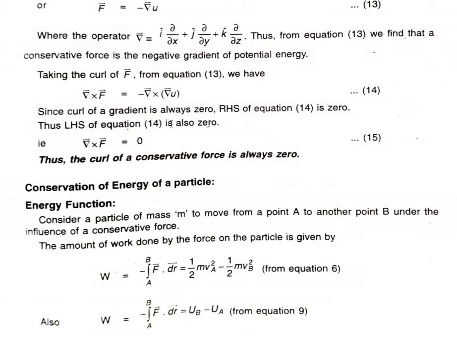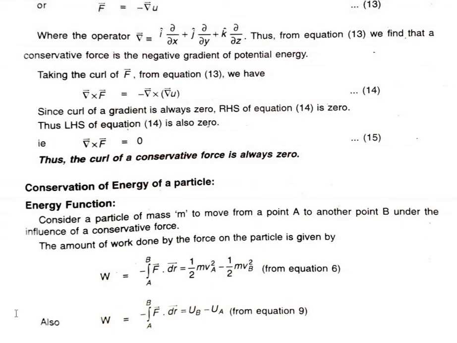Since the curl of a gradient is always 0, you can prove that del cross del u is equal to 0. So dear students, please do this calculation. Take the cross product of del and u and prove that it is equal to 0. You have to send it back to my classroom. Do this assignment and send it back to the Google Classroom.